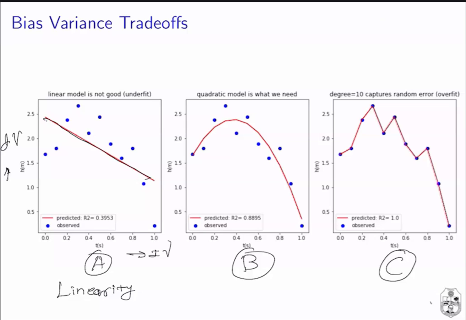One way of measuring the quality of this model is to measure the error between the actual value and the predicted value like this, and we try to minimize this error. So in the first diagram we are making the linearity assumption.